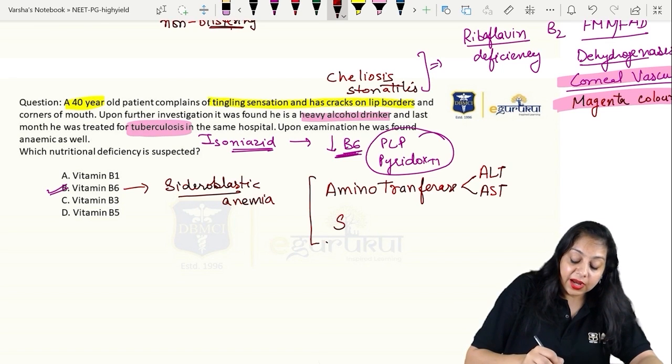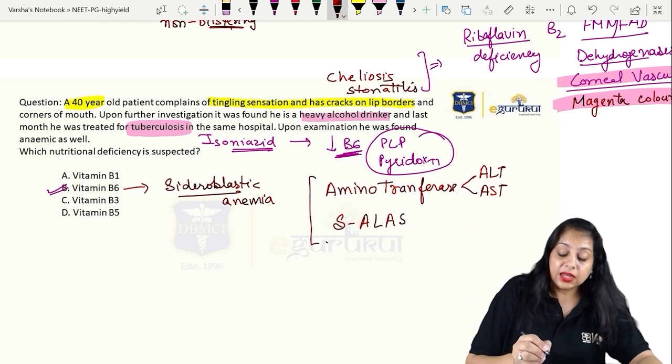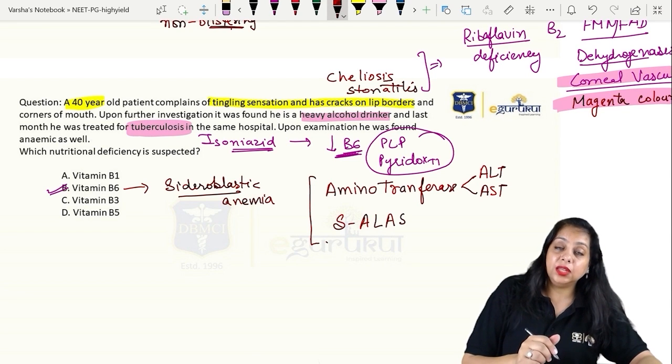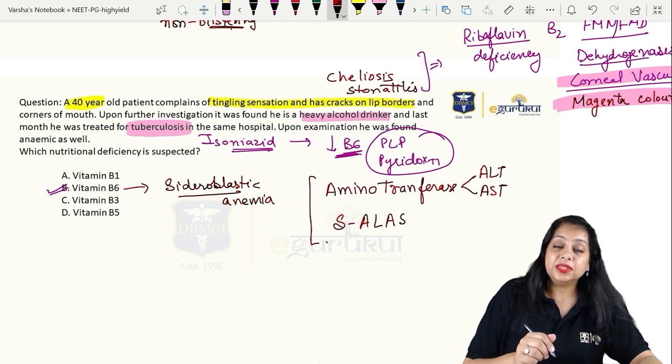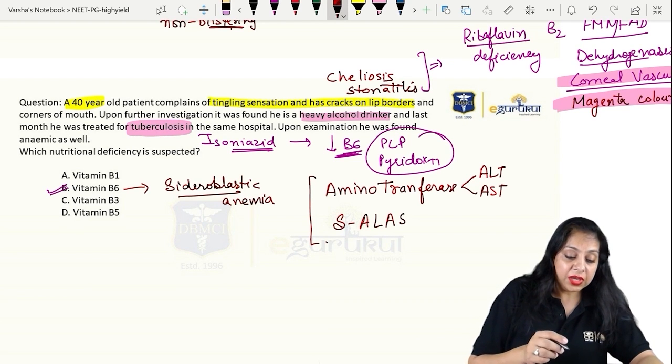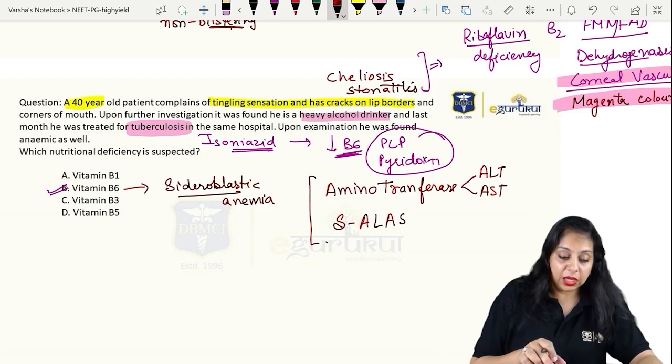Also, delta aminolevulinic acid synthase, the very first enzyme we have just seen in heme synthesis, also utilizes B6. So the deficiency gives rise to anemia, because heme is not formed. What kind of anemia? The sideroblastic anemia.